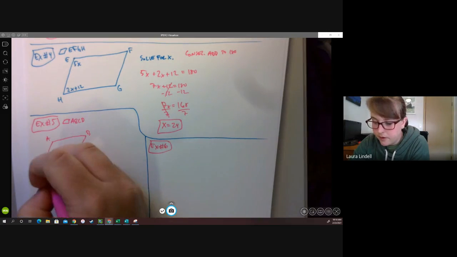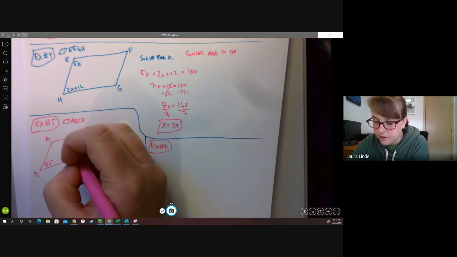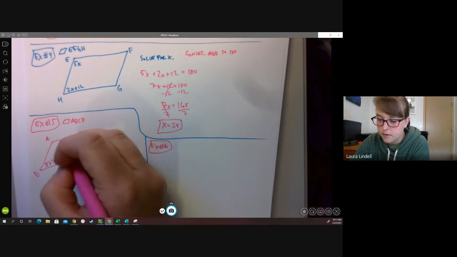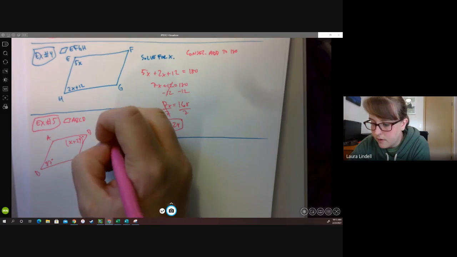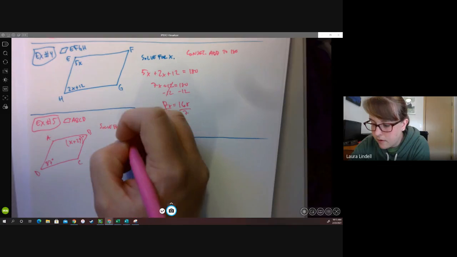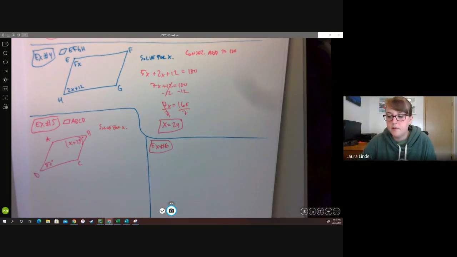And this angle is 87 degrees, and this angle is x plus 29 degrees. And we want to solve for x. All right. So what do we think we're doing with this one? Are we setting them equal or are we adding to 180?